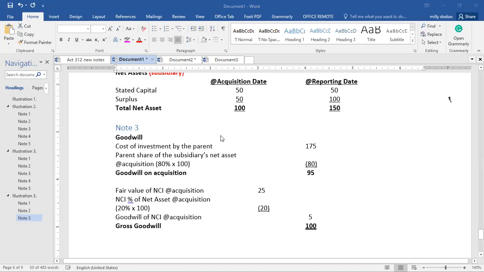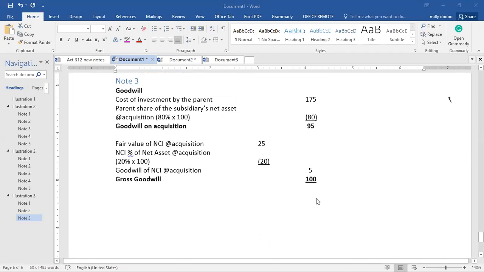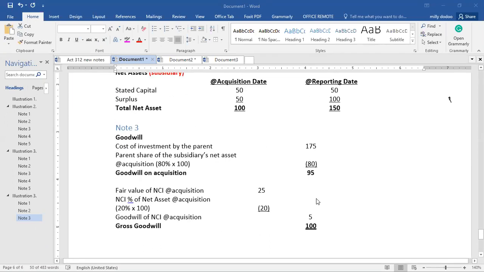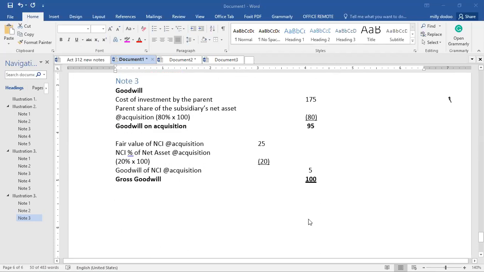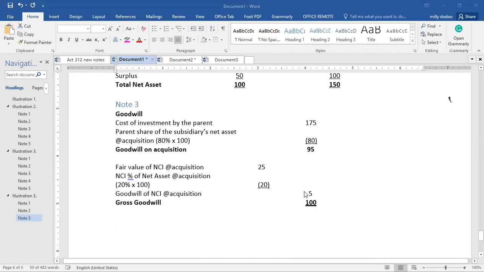So based on the 3 illustrations that we have looked at so far, I would like you to go back and rehearse the 3 illustrations up to where I'm ending today.